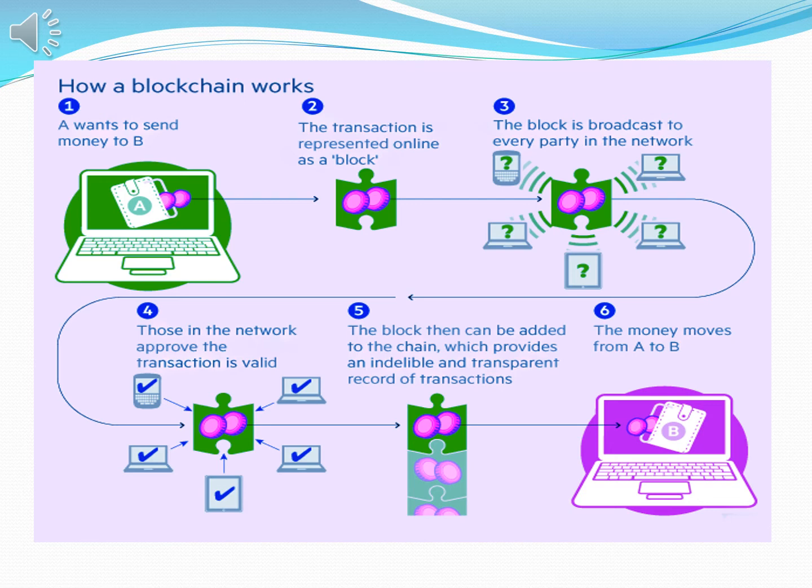The block is then added to the chain, which provides a reliable and transparent record of the transactions, and then money moves from A to B. So basically from A to B, everyone knows what is going on, and it becomes a very transparent and valid transaction, and it helps increase the trust among the different parties.